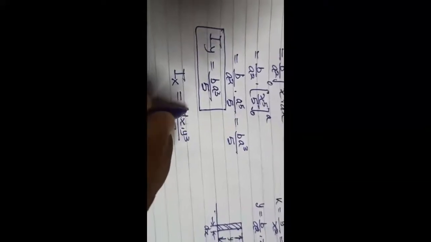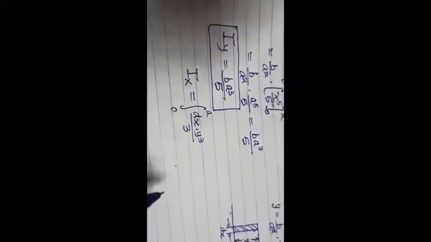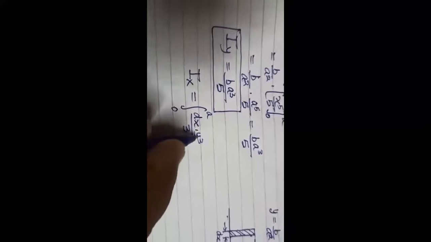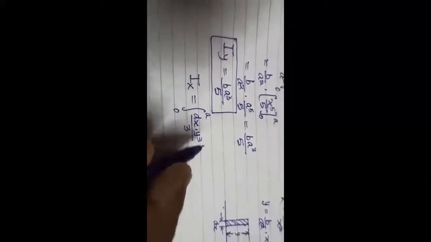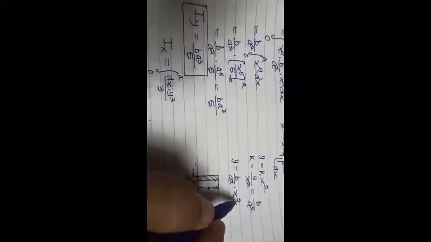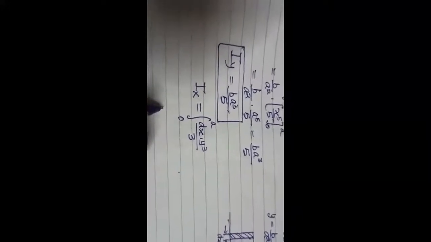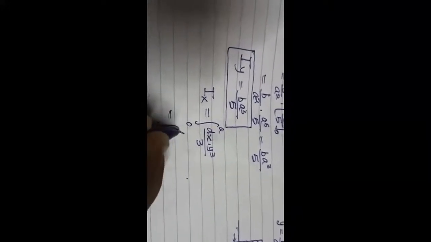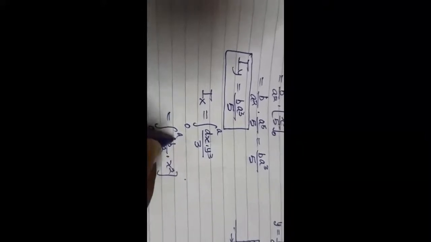Similarly, for this strip about this baseline, we put dx into y cube divided by 3, and for this dx we will put the limits from 0 to a. Here in place of y, we put the value of y, that is b upon a square into x square, whole cube, into dx by 3.